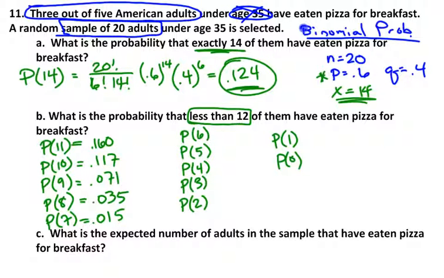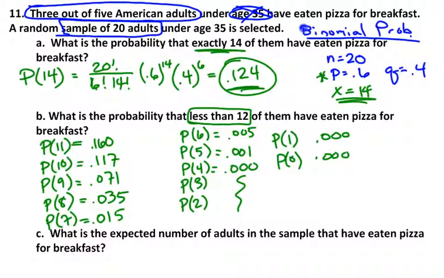The probability of 6 is 0.005. The probability of 5 is 0.001. And beyond that point, 4 is 0.000, and so are the rest of these. These are all zeros. So we really only have to add up from 5 through 11.